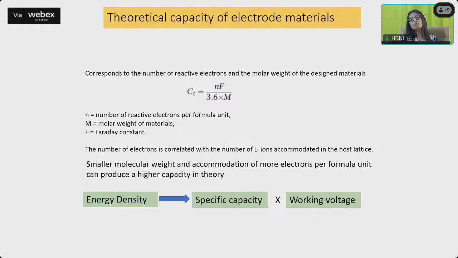So how many milliampere hours per gram you are going to get from that particular battery material, that is the capacity of the battery. We are always trying to get maximum capacity as much as possible. This specific capacity plays a very important role in determining your energy density. If you increase the specific capacity, you increase the energy density of your resultant battery.